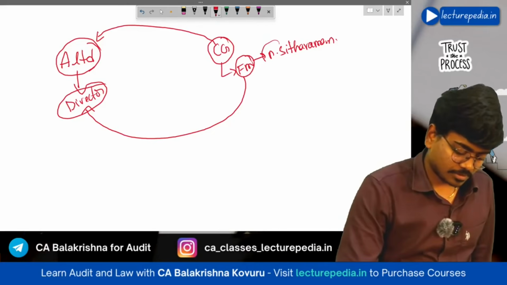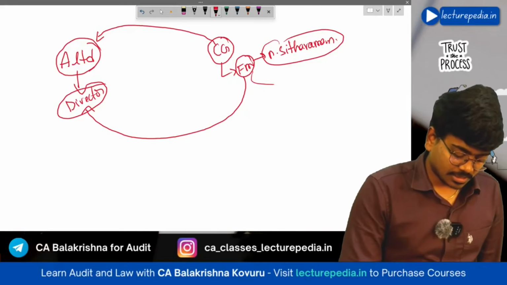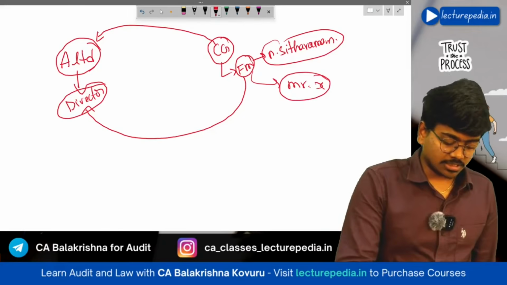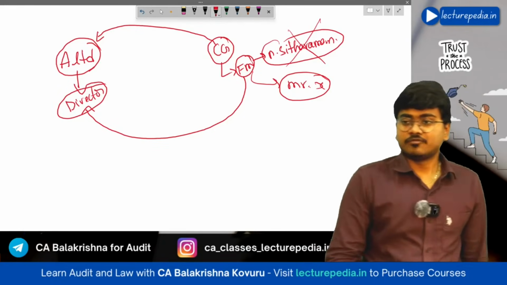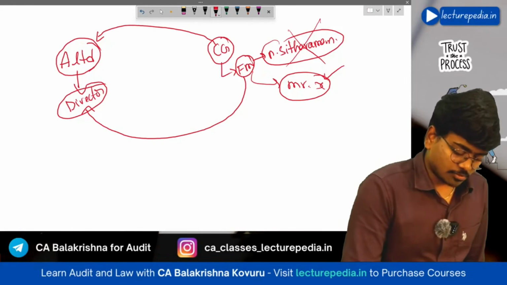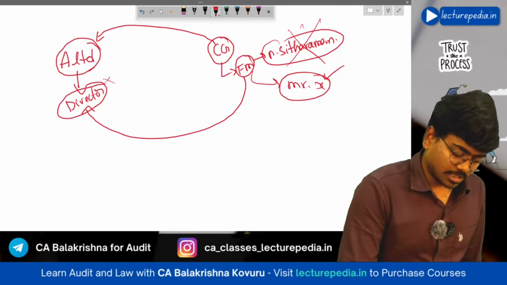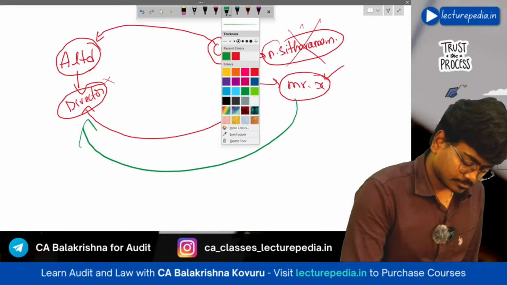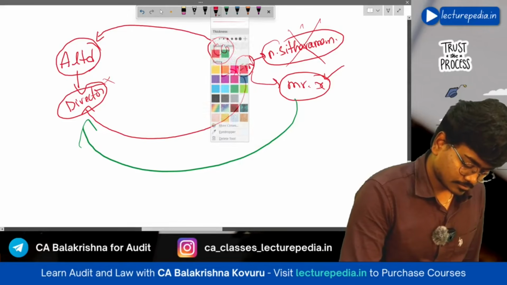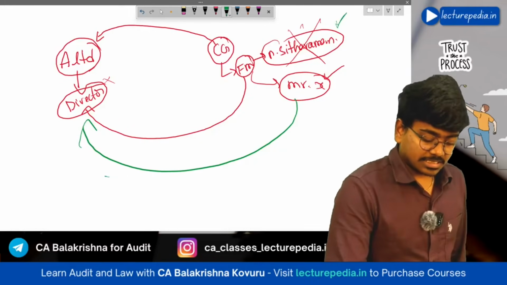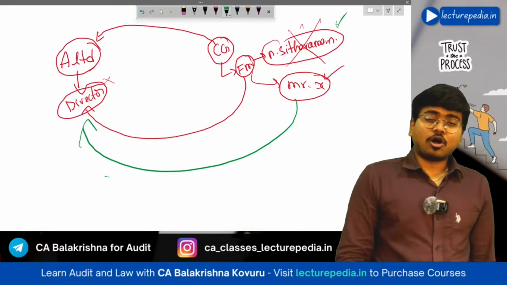Now let's say after 1 month or 2 months, some other person, Mr. X, has become finance minister. So Nirmala Sitharaman has been removed as finance minister and Mr. X has been appointed as finance minister. Now what will the company do? The company will also remove Nirmala Sitharaman as director and appoint Mr. X as director, right? So here Nirmala Sitharaman is vacating her office.